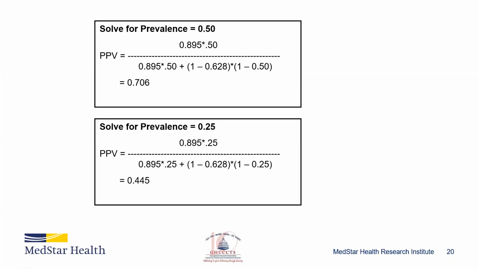If you have a particular test where you know the sensitivity and specificity, and you apply that test in, say, a different geographic area where the prevalence is different, then you can calculate what the predictive values are going to be. So that's a fairly straightforward, simple example of the application of Bayes' theorem.